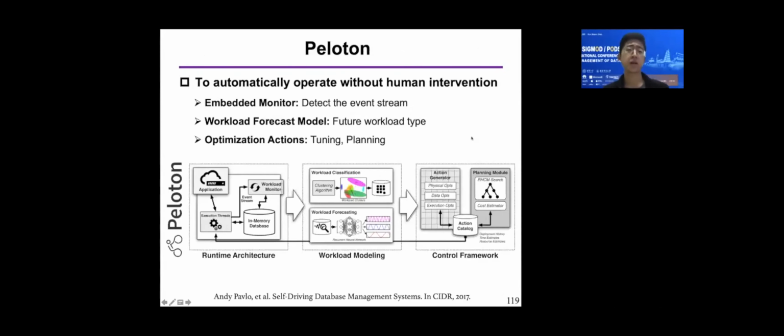So the first vision is Peloton, which predicts the workload arrival rate with a clustering RNN and deploys the optimization actions based on prediction results. They can optimize databases with actions like knob tuning, index, or machine learning materialized view selections.